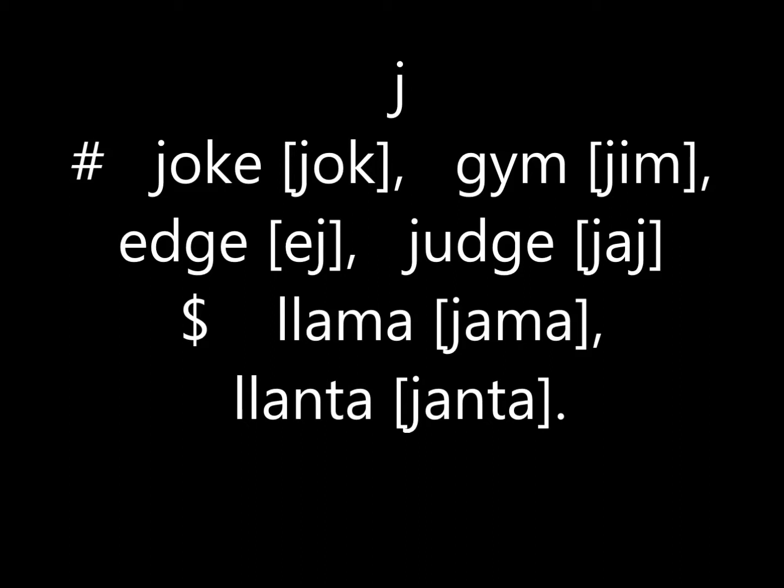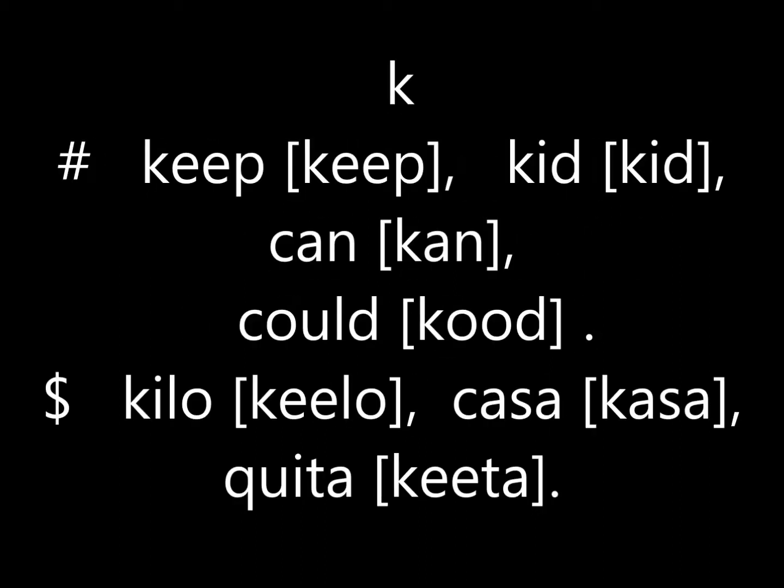The K sound is the same in English and Spanish, but we incorporate a lot of words that begin with the letter C. In English, words like keep, kid, can, could. In Spanish, K sound is words like kilo, casa, quita.